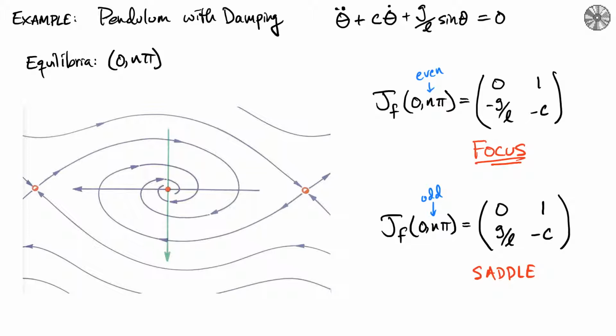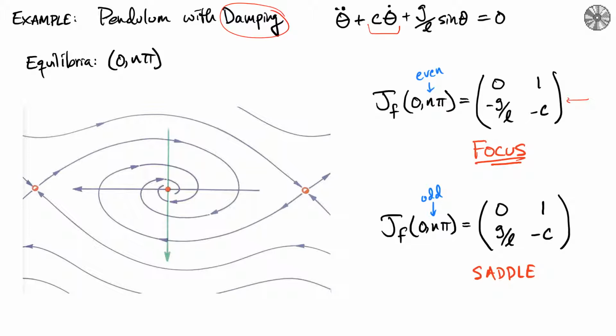If we add damping to our pendulum, so in this case we have this damping term here, then I recommend that you pause the video, take a look, form the state space equations, and make sure that you get these two Jacobian matrices, depending on whether you have n pi being even or odd.